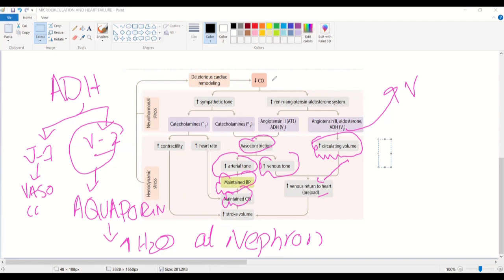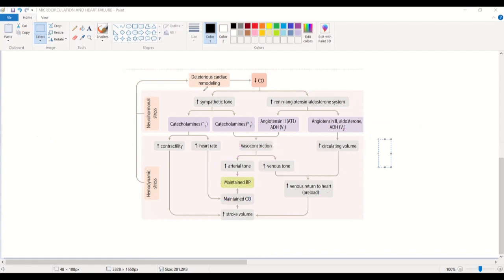Initially, cardiac output is decreased, right? So initially it gives some beneficial effect. Decreased cardiac output does many things. It increases sympathetic activity, so the catecholamines are increased.